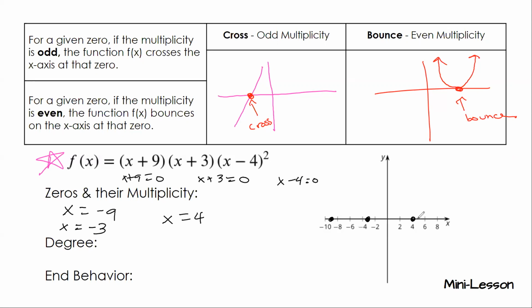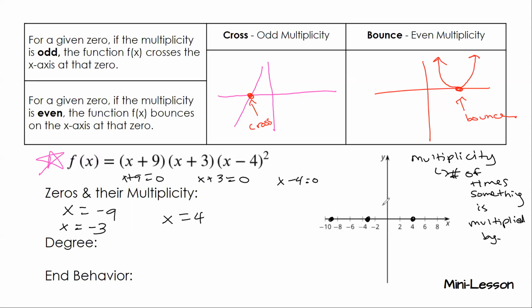Okay, so now that we've identified the zeros, we're going to talk about multiplicity. Multiplicity is the number of times that something is multiplied by. Now, if you look this up on Google, they're going to give you a really elaborate explanation.